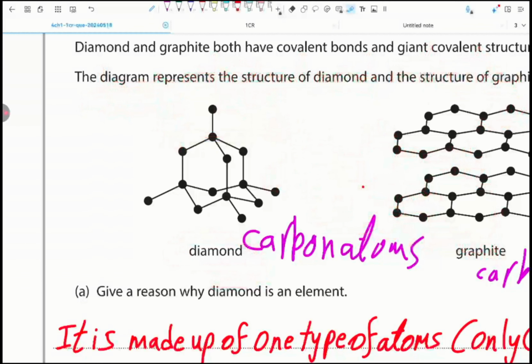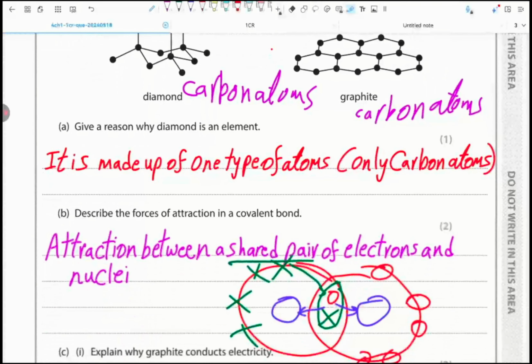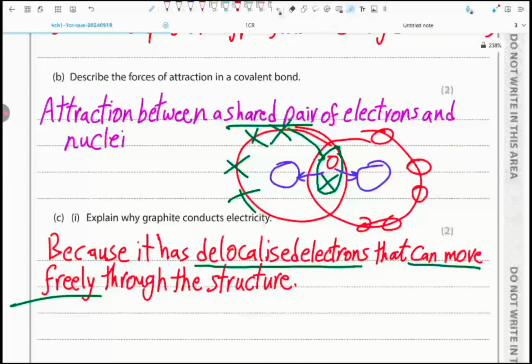So here each atom prevents its electrons from moving. That's why diamond doesn't conduct electricity, because it doesn't have delocalized electrons which are free to move, while graphite has this type of electrons.